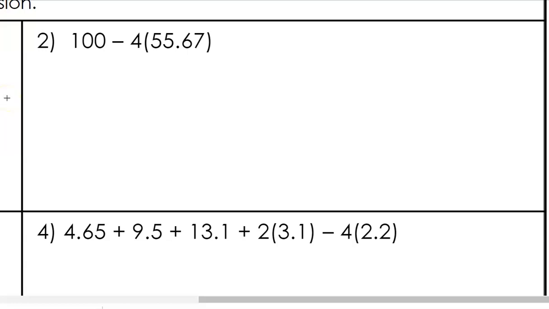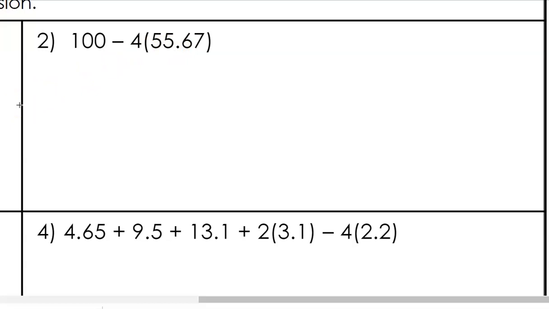All right, so now we're going to have to multiply. Multiplication comes before subtraction. This is subtraction here. So let's multiply this negative 4, which is going to be a negative, times 55 and 67 hundredths.